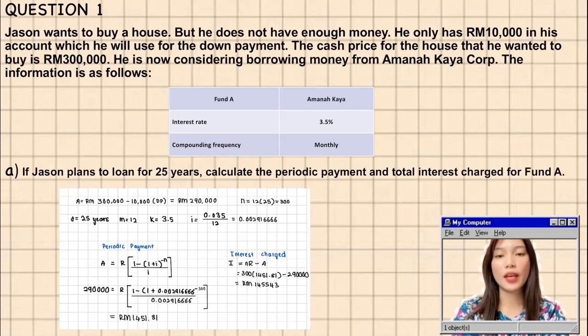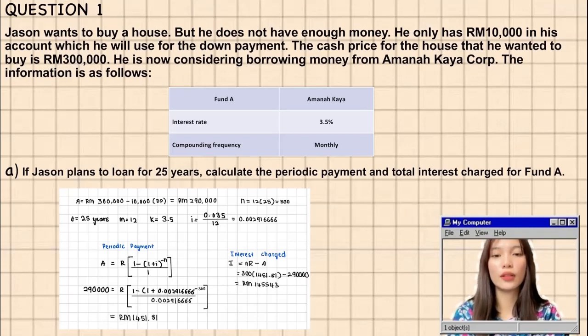Question A. If Jacyln plans to loan for 25 years, calculate the periodic payment and total interest charge for Fund A. This question just gives a present value, and it asks for periodic payment.